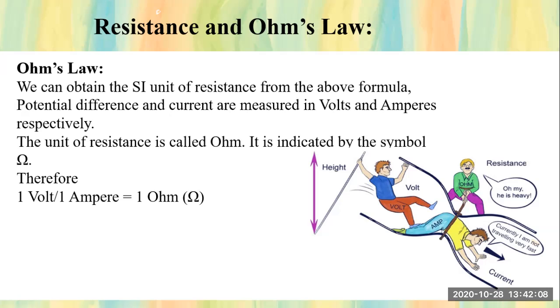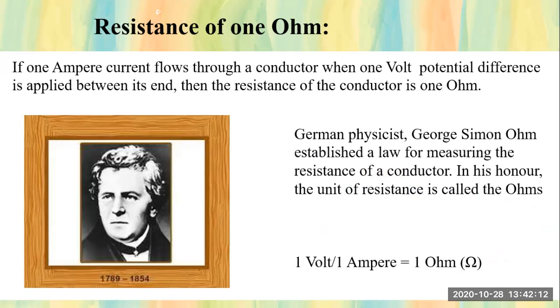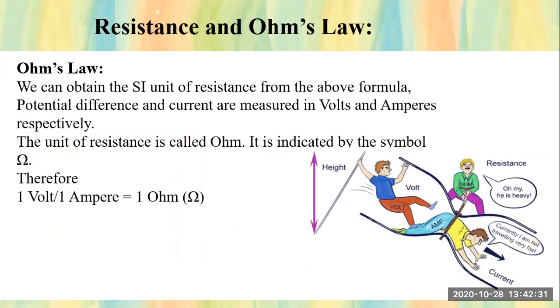Now we will go to the next point. What is resistance of 1 ohm? You have learned about resistance, about voltage or potential difference, and about electric current. Now, what is 1 ohm? 1 volt upon 1 ampere equals 1 ohm.